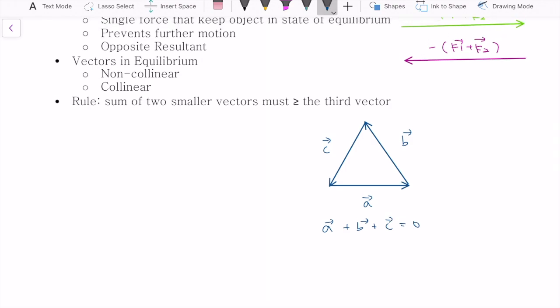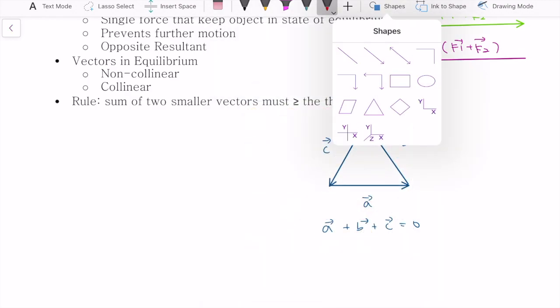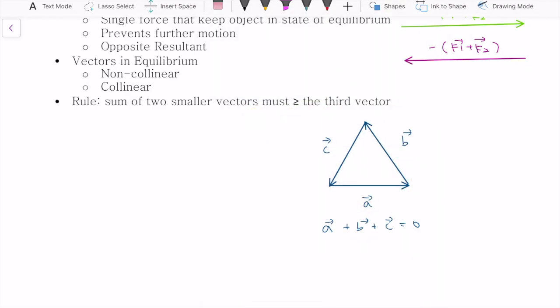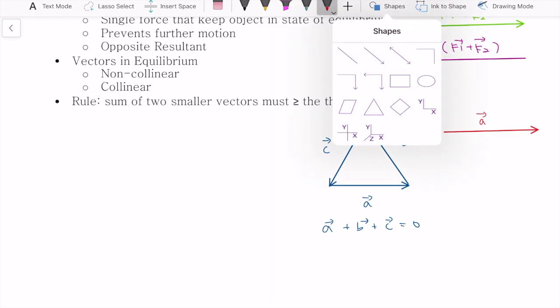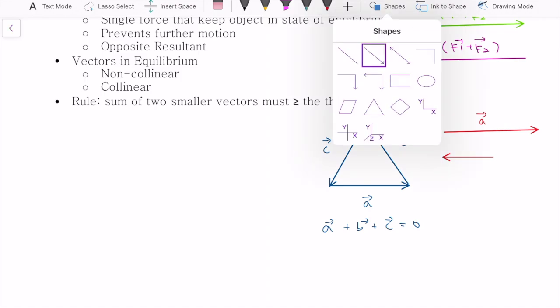So three collinear forces that make up equilibrium can look something like this, where there's a vector, we'll call it A, and there are two vectors like this.